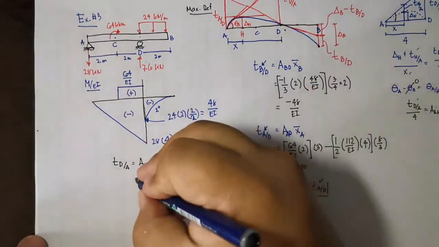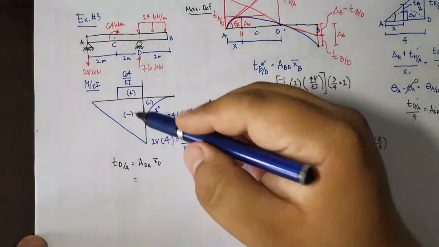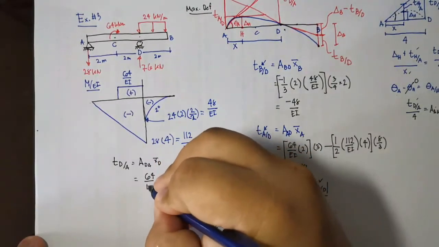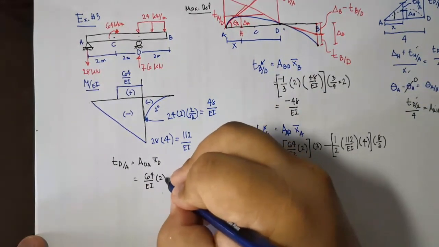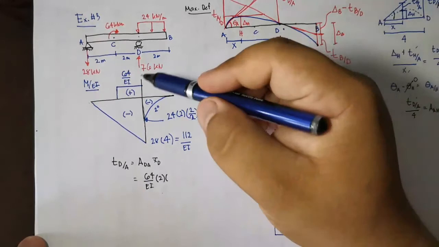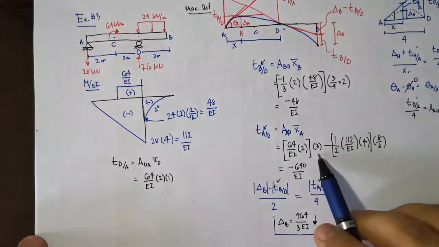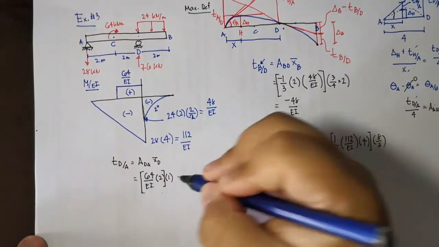So, solving area AD here to here. So, again, same rectangle and a triangle. So, una rectangle, 64 over EI times width is 2. X bar D. So, dito tayo magsusukat. So, that would be 1. Compare that here, ito ay 3. So, ito yung area, ito yung X bar.